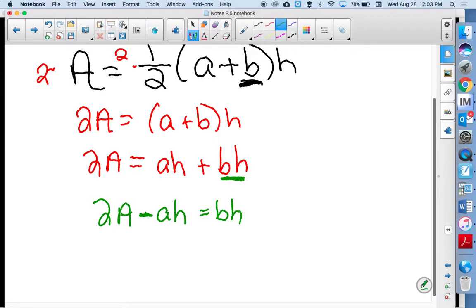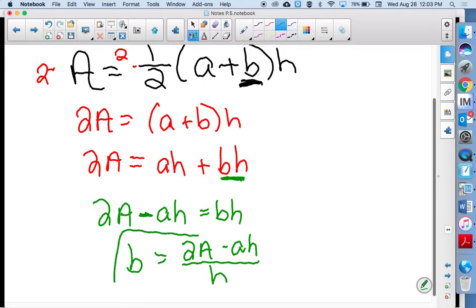And then finally, there's that h right there, so we need to divide it out to get it to the other side. Got the creepy handwriting again today. So that's one way to get your answer. And that is found by distributing the h through instead of dividing it out.